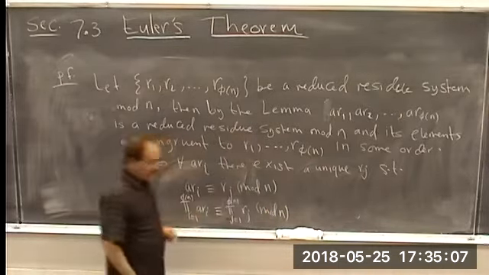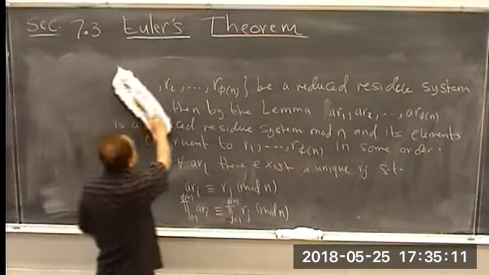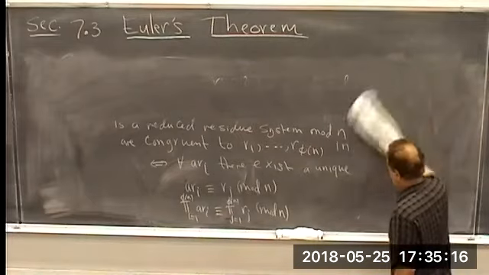Now, the product on the left means for every I, we're going to take AR1 times AR2 and so on.